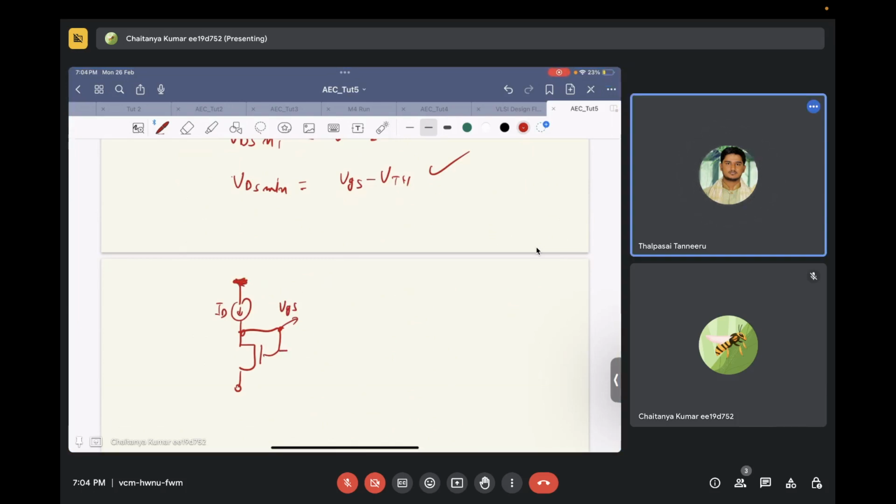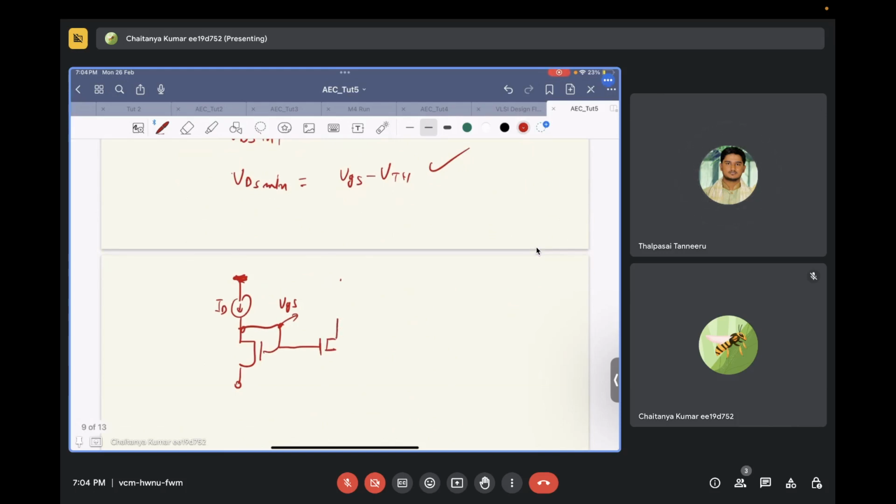Now let's say you had another transistor connected to VD, and you pull some current through this. What will be this voltage?